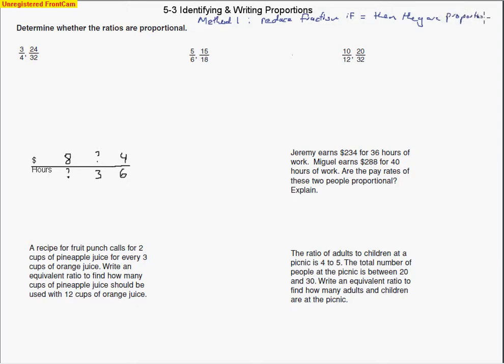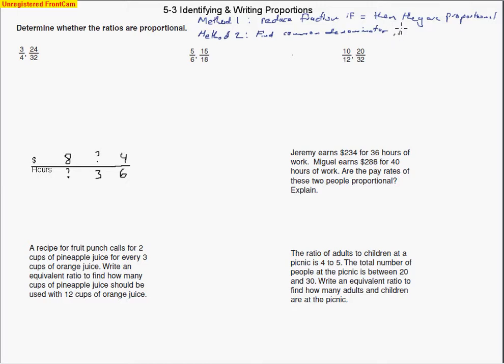Well, the second method would be to take the two fractions and we'll go ahead and come up with a common denominator. So find the common denominator. And once we find that common denominator, if the numerators are the same, then the fractions are proportional.